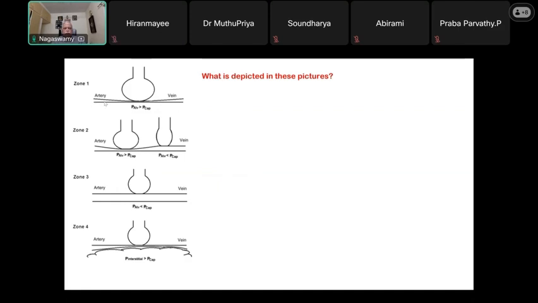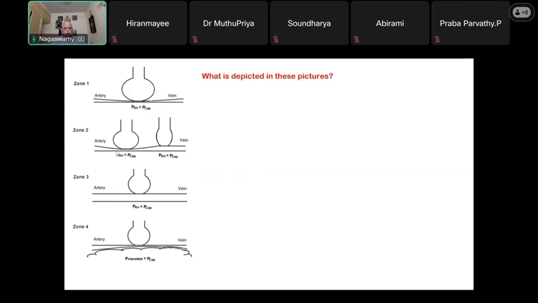So this is coming from the right atrium and has to go to the left atrium. And this is the alveolar pressure. Here in zone 1, which is usually the apical zone, the alveolar pressure is more than the capillary pressure. So the capillaries are made very small here to help understand. Alveolar pressure is always more than the capillary pressure.